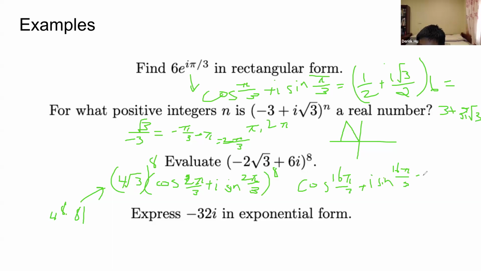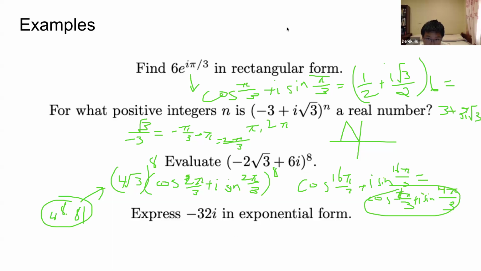This is equal to cosine of 4π/3 plus i sine 4π/3. And then this will just be the product of these two.